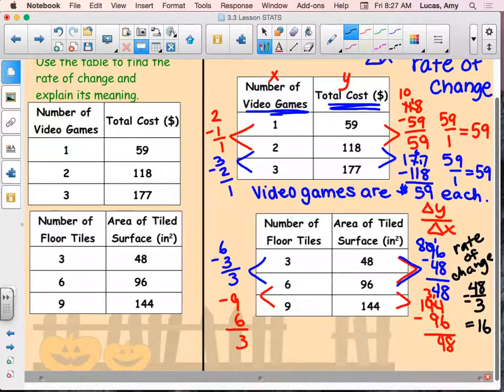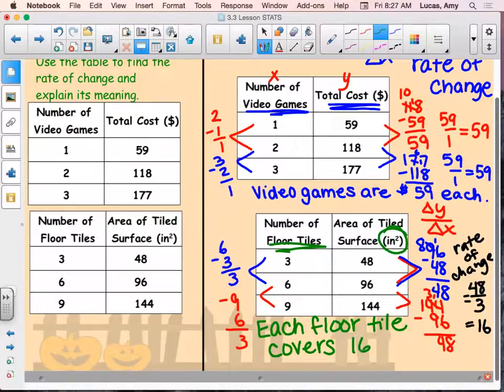So I look at my labels and I see that that was inches squared. So 16 inches squared, and we're talking about floor tiles. So I'm going to say each floor tile covers 16 square inches. That's the meaning for my rate of change.